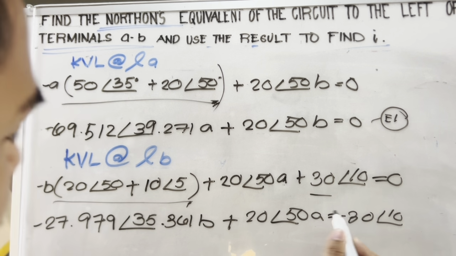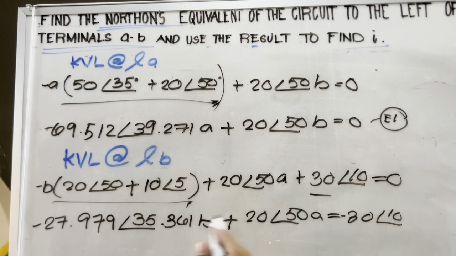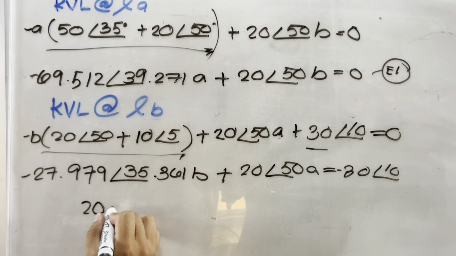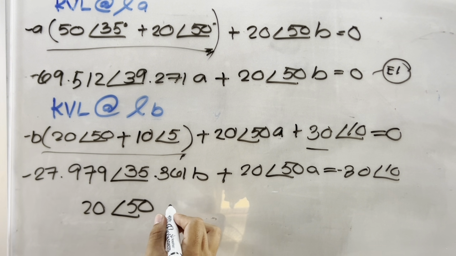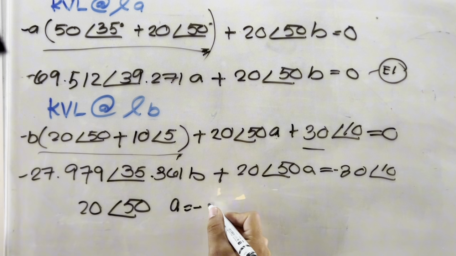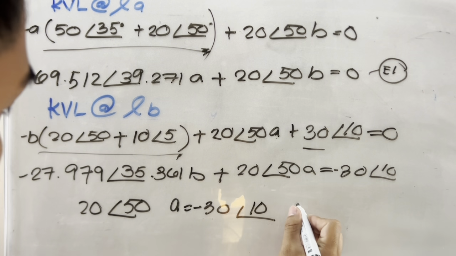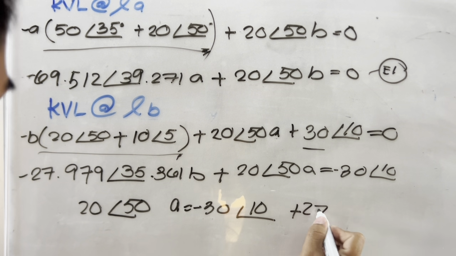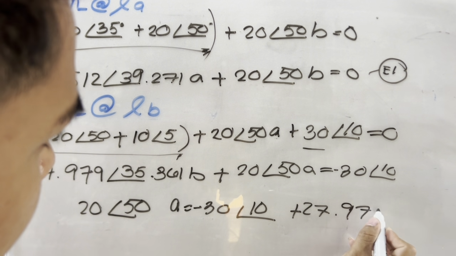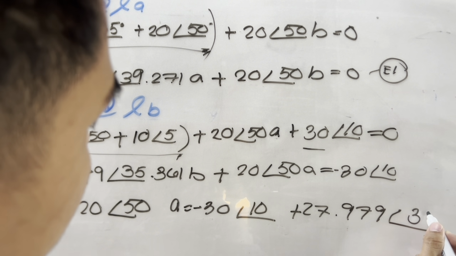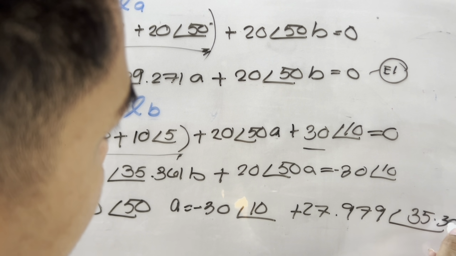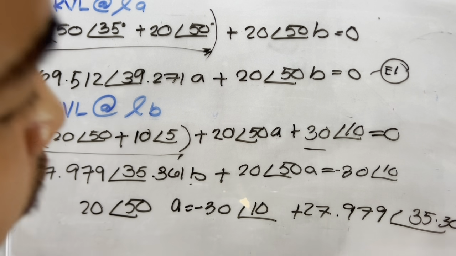This will become negative because we are going to put this out. Now, this will become 20 angle of 50 times A is equal to negative 30 angle of 10 plus 27.979 angle of 35.361 times B.